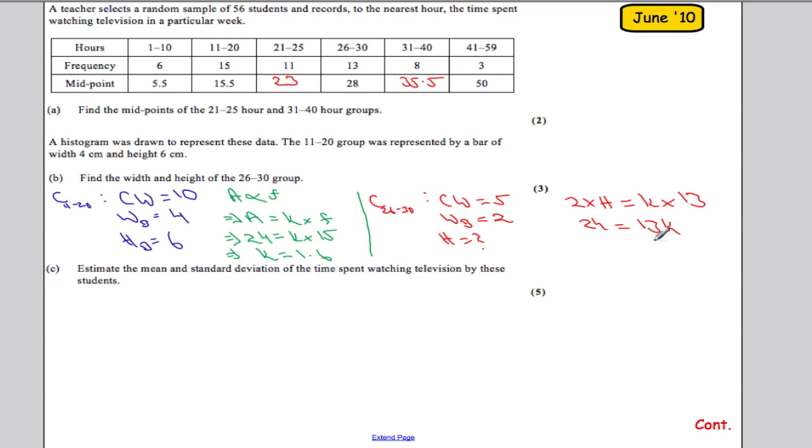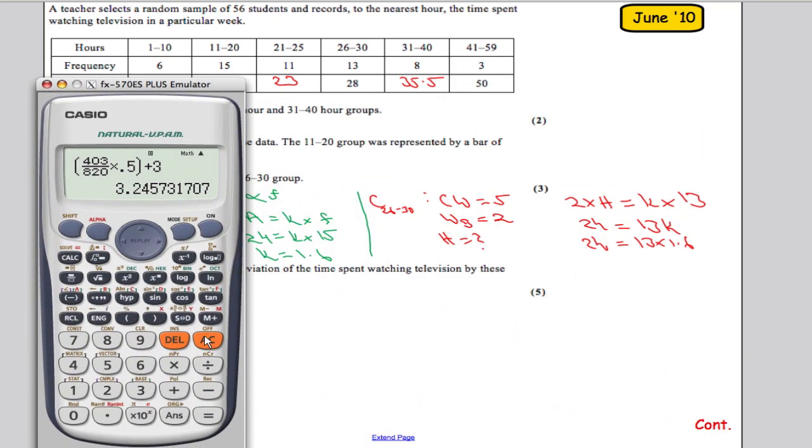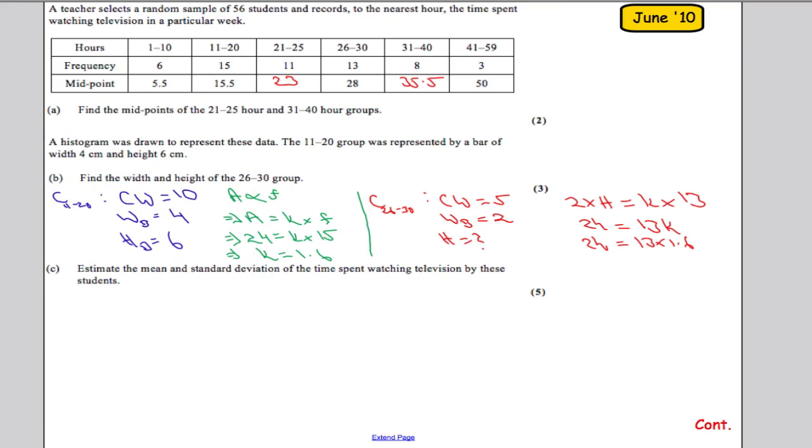But k we know is 1.6, so 2h will equal 13 times 1.6. Let's just take the calculator out to avoid any mistakes. 13 times 1.6 gives me 20.8. So 2h equals 20.8. That means h must equal 10.4. So the height for that group is 10.4.